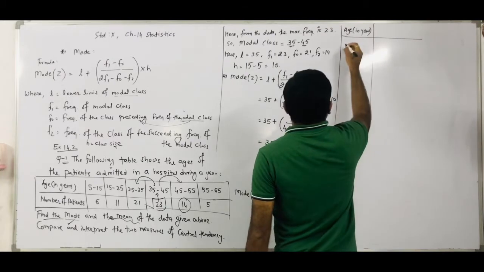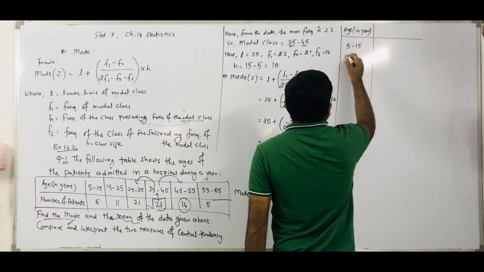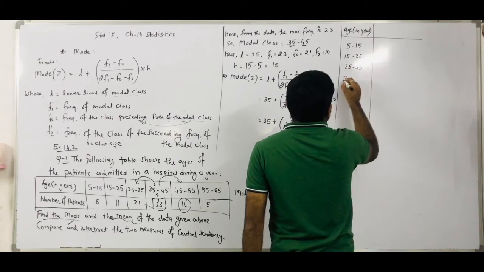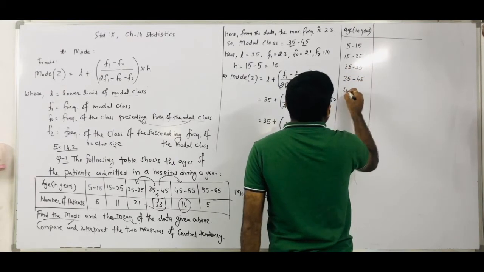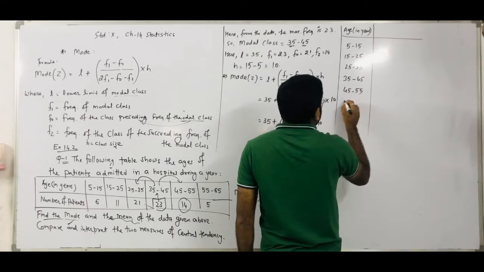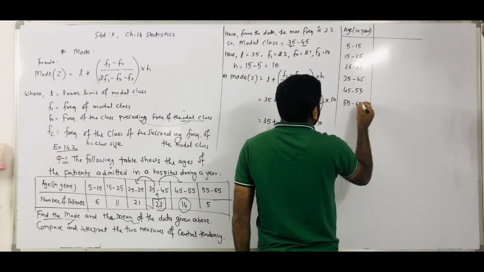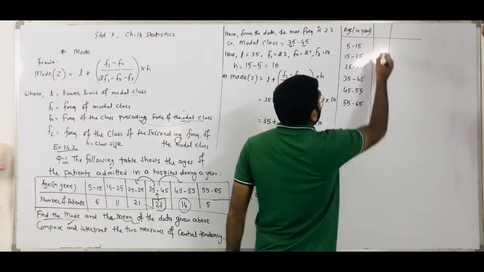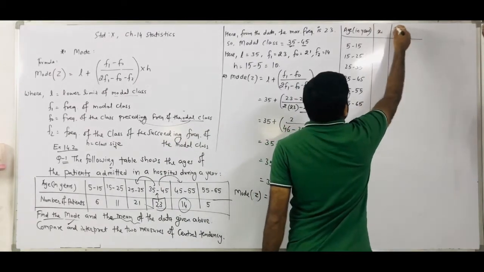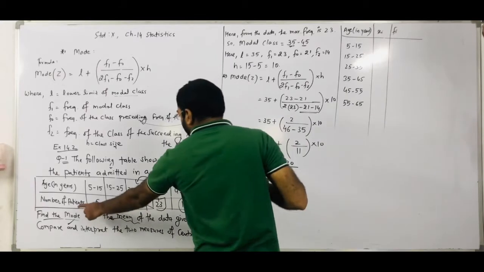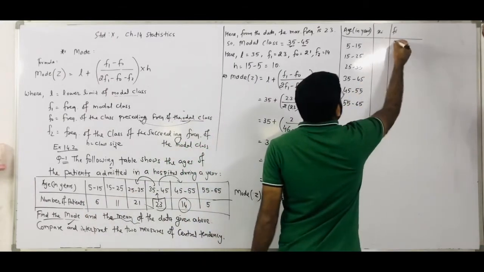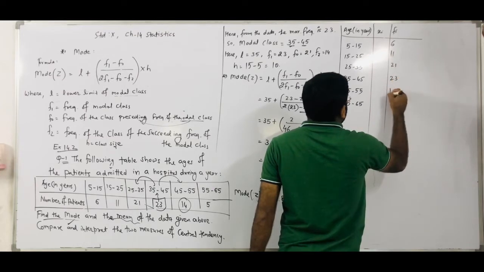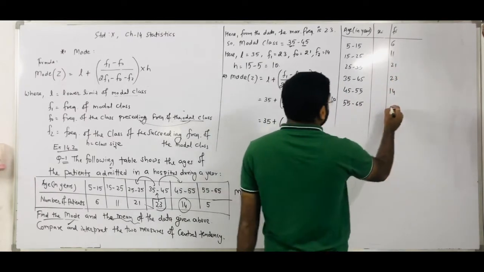Here we write the classes: 5 to 15, 15 to 25, 25 to 35, 35 to 45, 45 to 55, 55 to 65. Here we mention the xi value, the mean value of all classes. Then the fi value, the frequency, number of patients: 6, 11, 21, 23, 14 and 5.